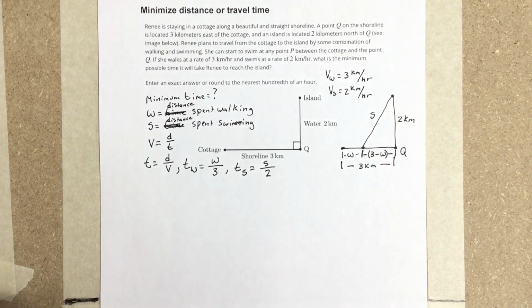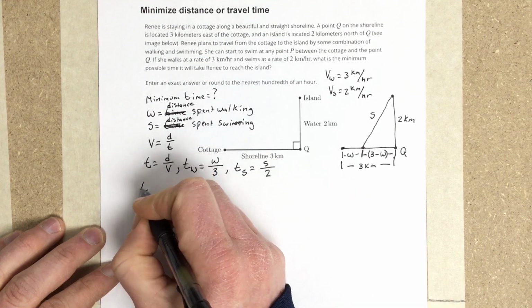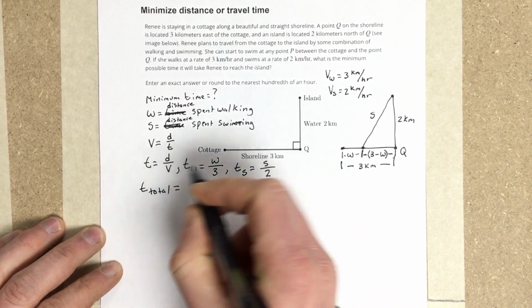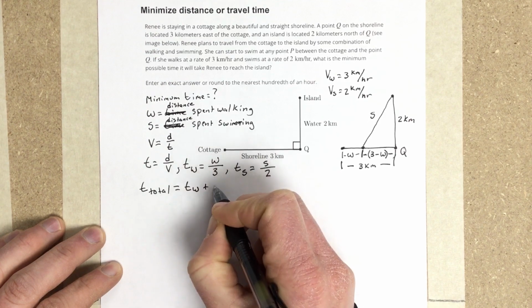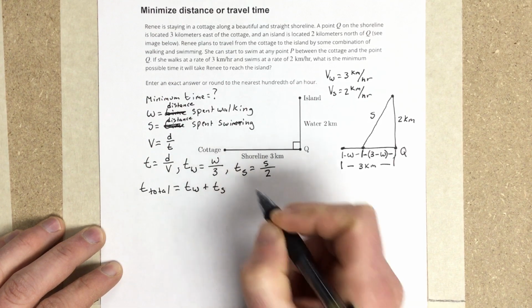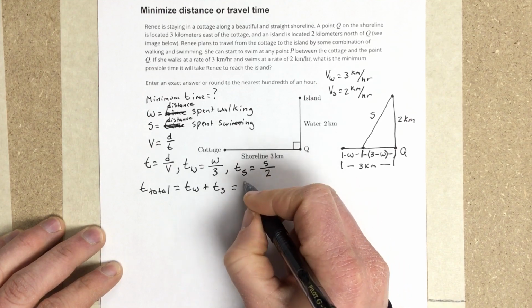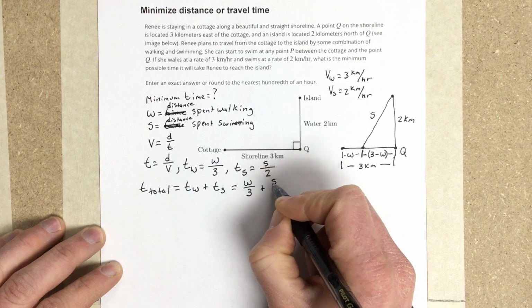So what that means is we can say that our total time is going to equal the time spent walking plus the time spent swimming, which in our case is going to be W over 3 plus S over 2.